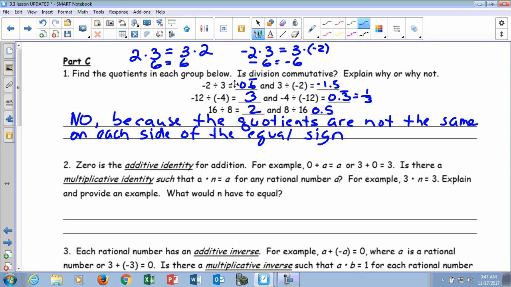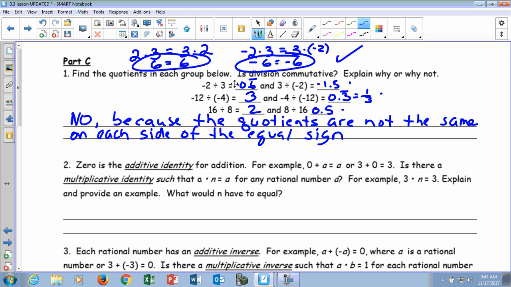You can't get the same answer by flip-flopping it, unlike we did up here with multiplication, right? Same answer. None of these have the same answer. So just like when we did addition and subtraction, wasn't addition commutative, but subtraction wasn't, right? Because it was its opposite. And we found out that multiplication was commutative, but the division, its opposite, is not. Okay?